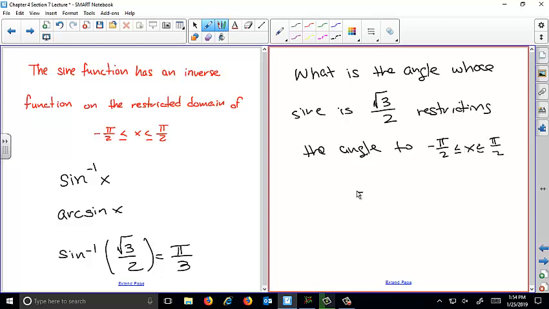And you can also do it in degrees, negative 90 degrees to positive 90 degrees.